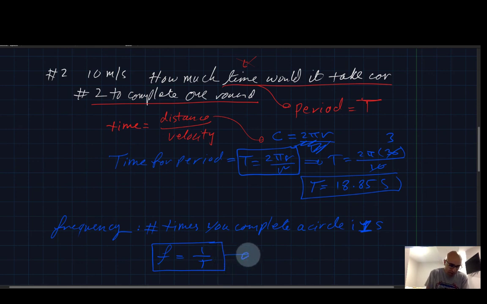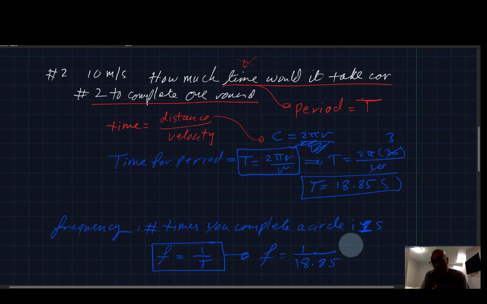So, if you were asked how many times the car completes a circle or the roundabout in 1 second, you just have to bring the period and divide it into 1, or 1 over the period. So the frequency is 1 over 18.85, and as you can see, that's a very small number, which is correct, because it takes the car 18.85 seconds to complete one circle.